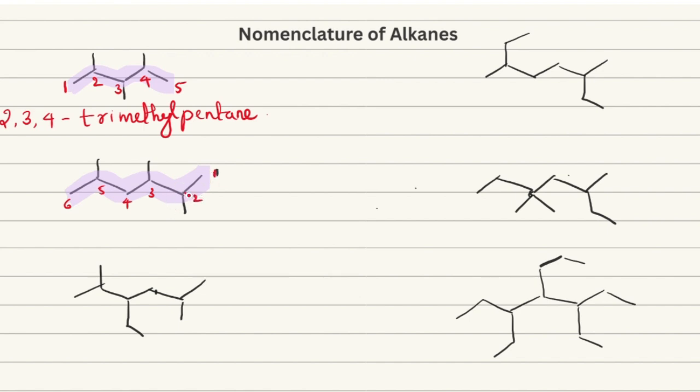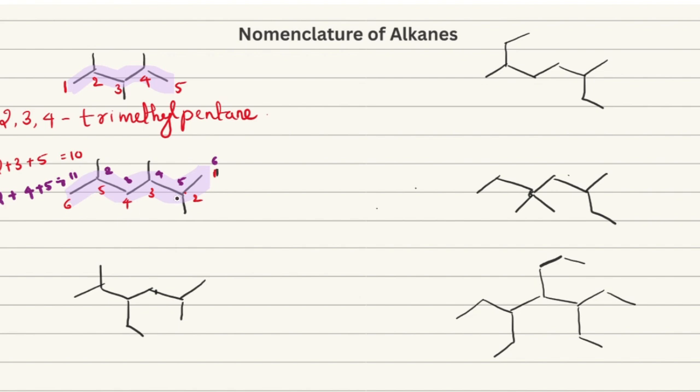If I start from here, the substituents will have 2, 3 and 5, so that would be equal to 10. But if I number from this side, look at this. This is the numbering, and the value will be 2 plus 4 plus 5. So that would be 11. So we should not number it from here. So this is not the correct way of numbering it.